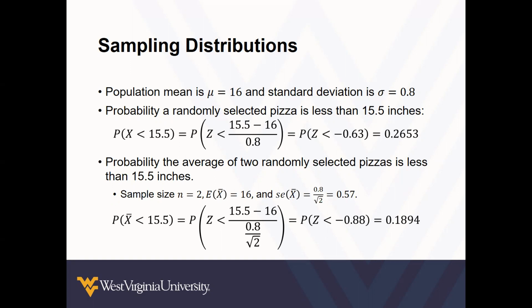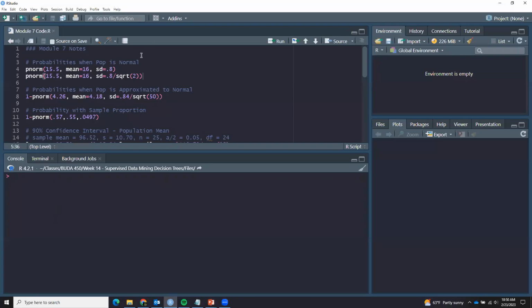Alternatively, we can also use the p-norm function in R to find the probability. So the p-norm function might yield slightly different results from a z-table because it's able to more precisely compute the values. And we see that with both scenarios here.